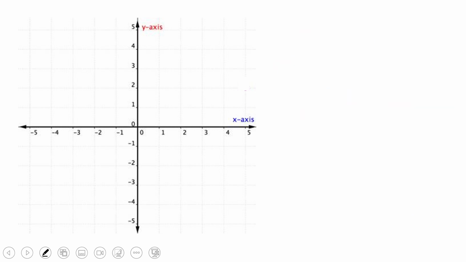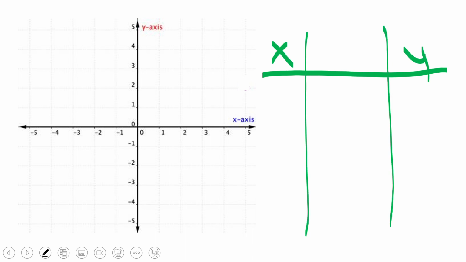Okay, we're going to take that information and put it in chart form. Again, you're going to go out and choose some numbers to substitute in. Say we pick 1, 4, and a 0. 0 is always easy to substitute in.